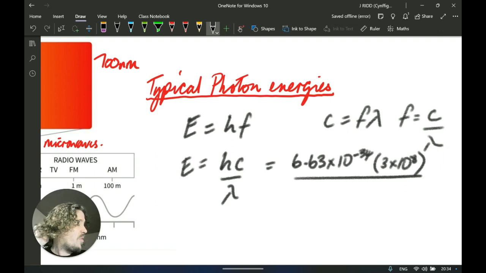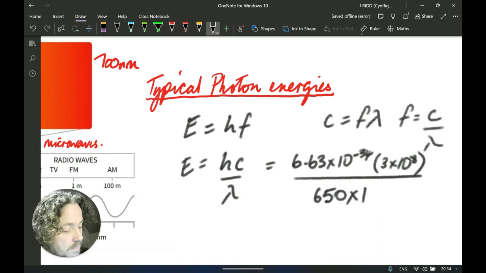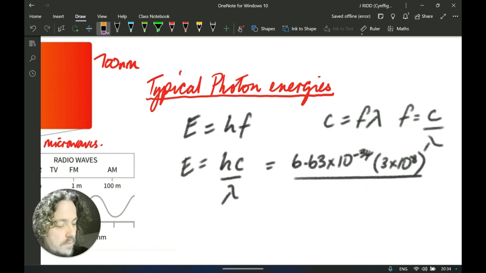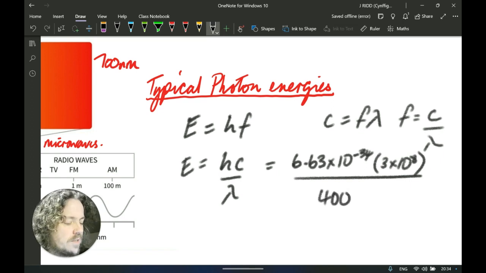Let's say if we were going for violet light here, or blue light, or that end if you like, then it would be something like 650 for the wavelength times 10. Oh, that's wrong. I told a lie. Remember now, the violet or blue end is the shortest, so that's the 400 nanometer part. I was just testing it really.